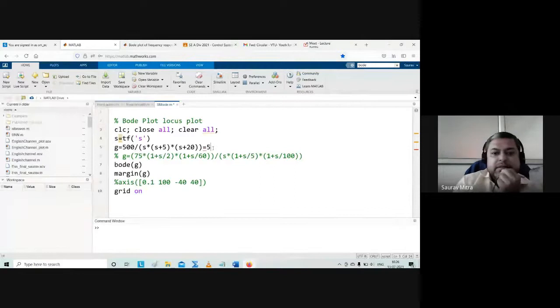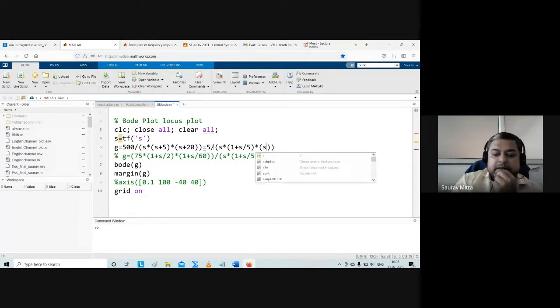So the numerator is 5, divided by s multiplied by 1 plus s by 5, that is one factor, and another factor is 1 plus s by 20.